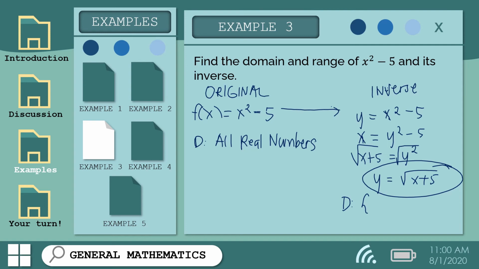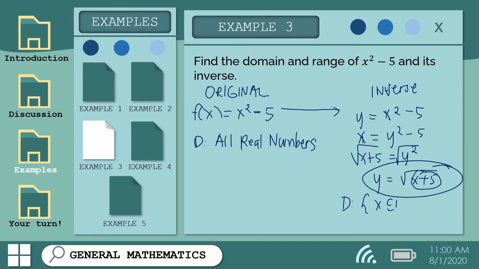So, yung mga values na kasama lang sa domain natin ay magi-start doon sa values ng x that will make this expression equal to 0. Kasi below 0, negative values na yun. So, equate na lang natin itong x plus 5 sa 0. Therefore, x is equal to negative 5.